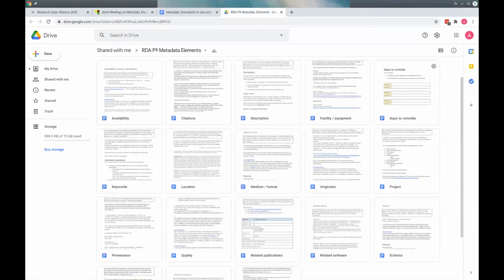But part of where DDI went in parts of its standard, and I reference the cross-domain interoperability part of this, is describing what's inside data sets. Now that may or may not be a domain-specific thing.